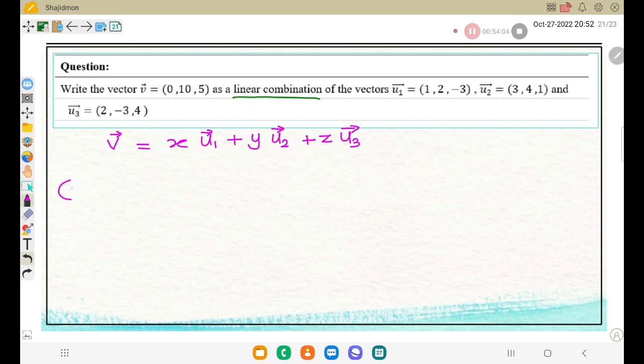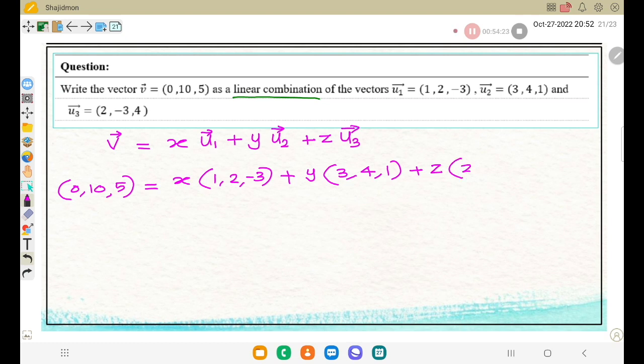What is the v vector? (0, 10, 5) equals x times the u1 vector (1, 2, -3), plus y times the u2 vector (3, 4, 1), plus z times the u3 vector (2, -3, 4), correct?